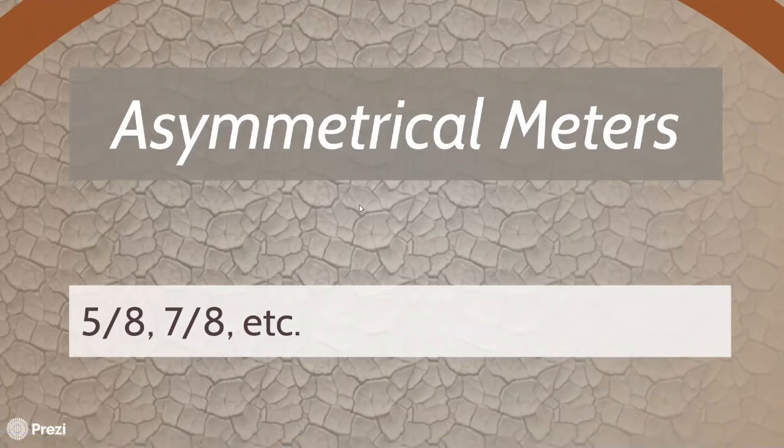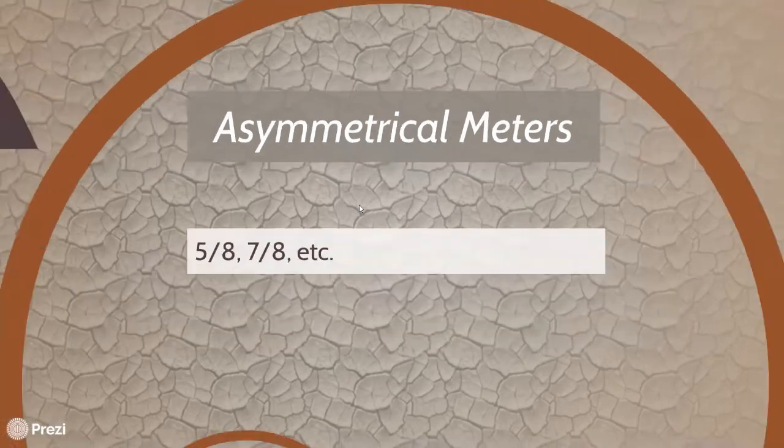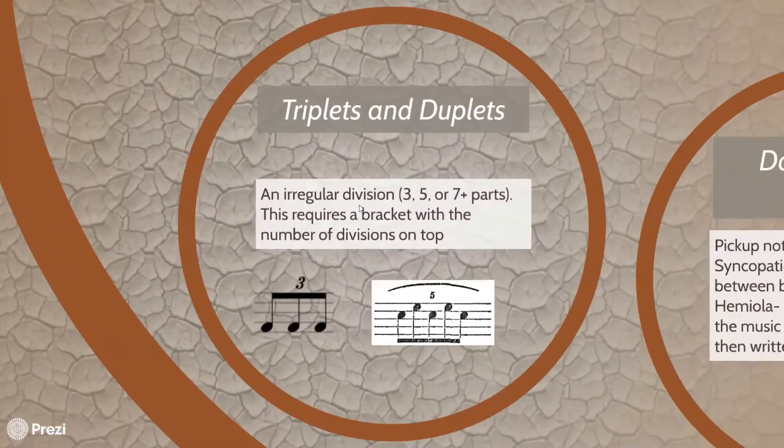They're 5/8, 7/8, 15/16, weird meters that we never really see a whole lot, but you do see them when you get into the AP music theory or IB music theory realm. So those are 5/8, 7/8, whatever, like 5/4, you can divide it up. They're not symmetrical. All right, moving on.